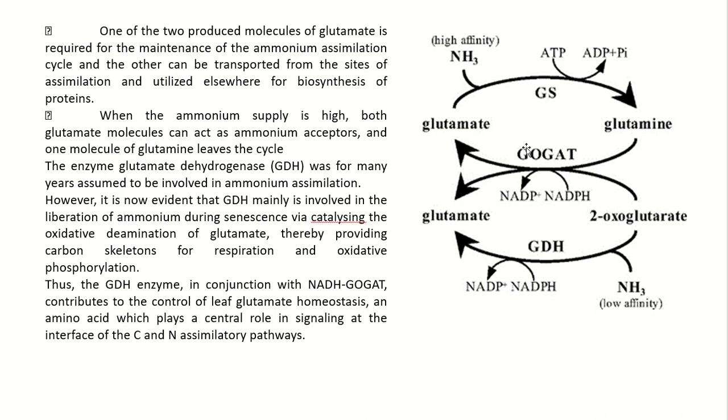So the GDH enzyme works in conjunction with NADH-GOGAT and contributes to controlling leaf glutamate homeostasis. Glutamate is an amino acid that can play a central role in signaling, and remember this, it is very important at the interface of carbon and nitrogen assimilatory pathways.